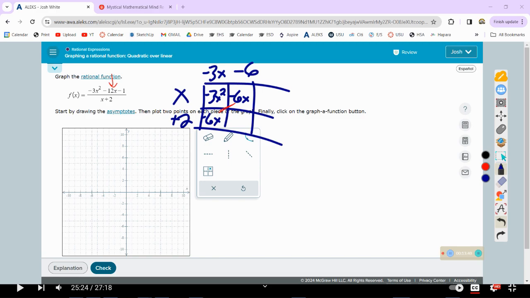The rest of it is going to be a remainder. So my slanted asymptote is the equation y equals -3x minus 6. So we start at -6, down 3 over 1. So that's my slant. And then my vertical is at -2.